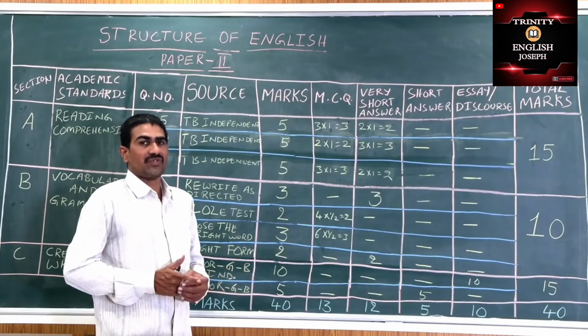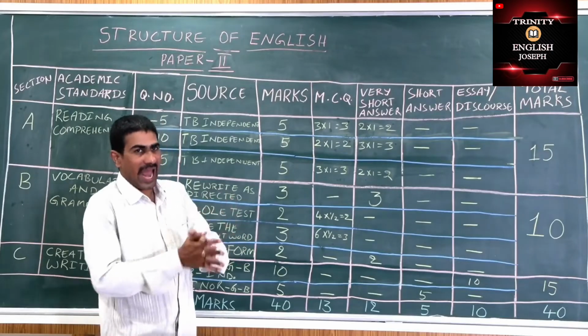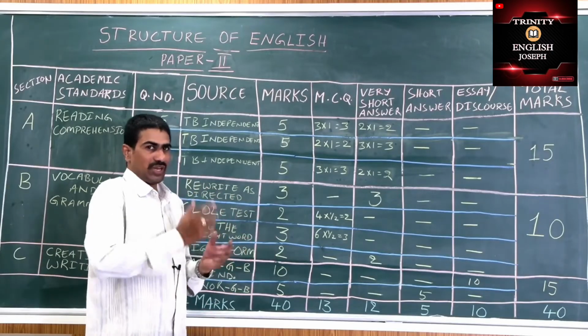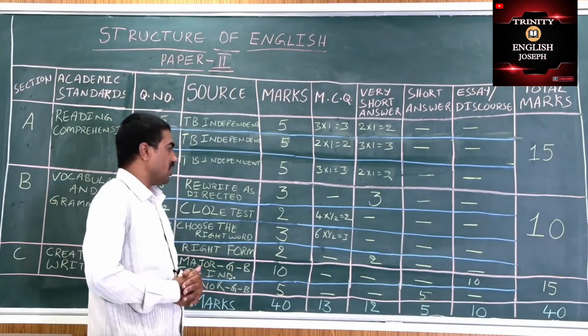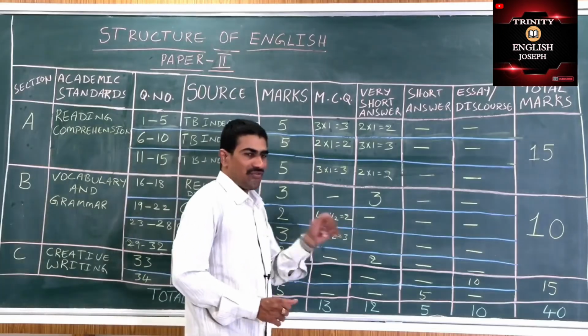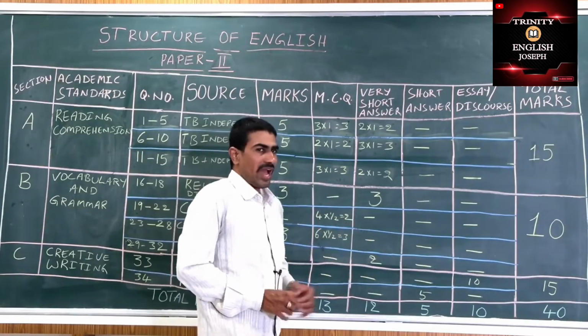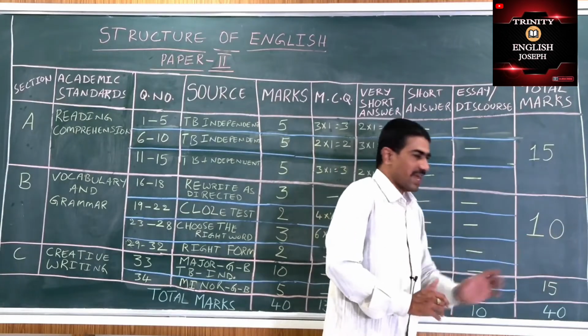For example, if a verb is given, maybe the noun form, adjective form or adverb form of it, we have to fill in. So the total marks are 2, 4 into half is equal to 2 marks here, and altogether the marks allotted for this section are 10.